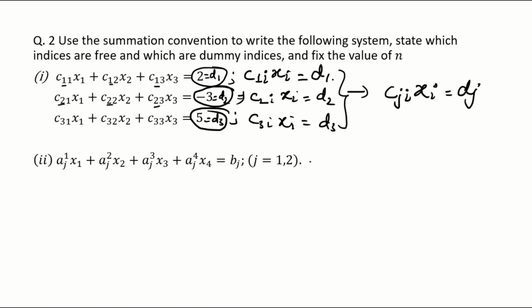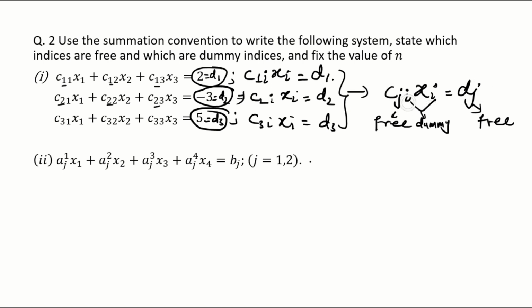Here if you see this expression, then j occurs once, that means j is your free index. And i is repeating, so it is dummy index. And on the right hand side we have only one index which is occurring once, so it is again free. We already discussed that free index on both the sides should match. So if you have some free index on the left hand side, then that same index will appear on the right hand side as well. So here we have j, on the right hand side we have j, that means this expression is well defined.